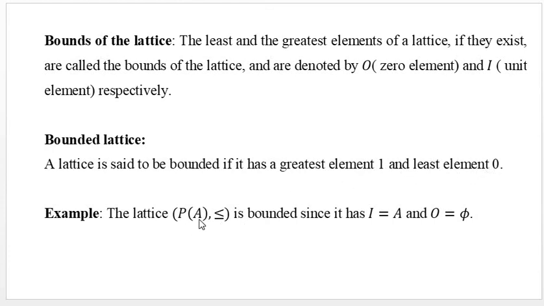For example, the lattice power set of A under less than or equal to, the set inclusion relation, is bounded since it has 1 equal to the power set of A and 0 equal to the null set.